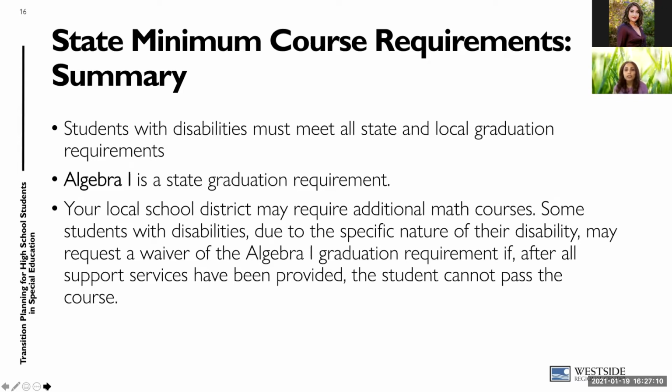In those cases, there are things that we can do to waive Algebra 1 as a graduation requirement. So if your student is having difficulty completing Algebra 1, that's a conversation you should have with your IEP team to see how to best resolve this.